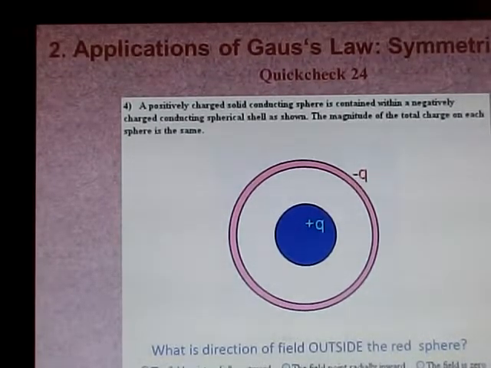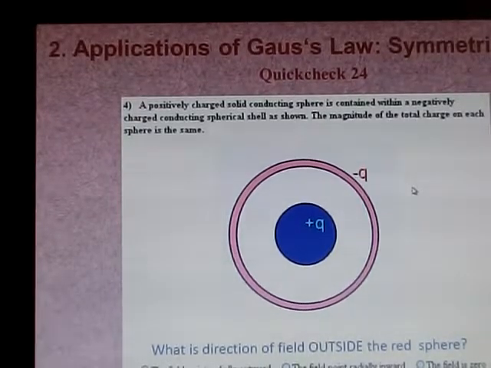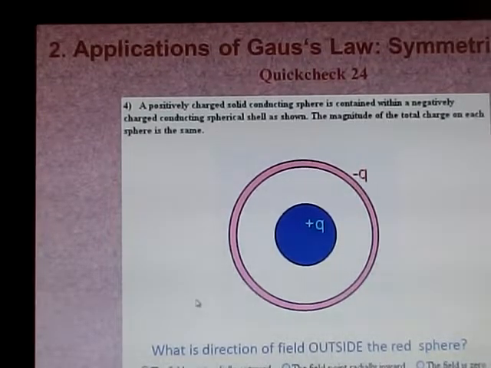Make a Gaussian surface outside the red sphere. And what is the flux? Well, the flux is just going to be the total charge enclosed divided by epsilon naught. But what is total charge enclosed? It's plus Q plus minus Q, which is 0. So there is no charge enclosed, and therefore the electric field outside is 0.